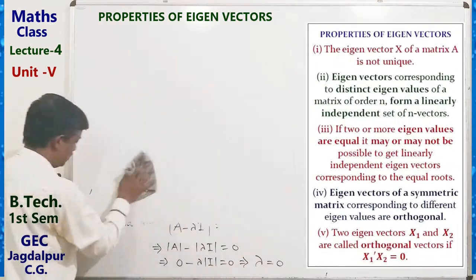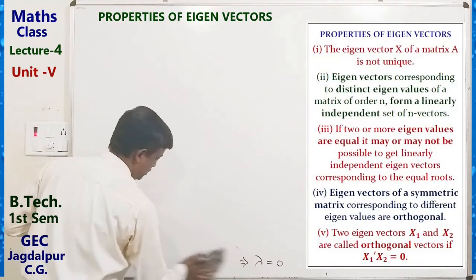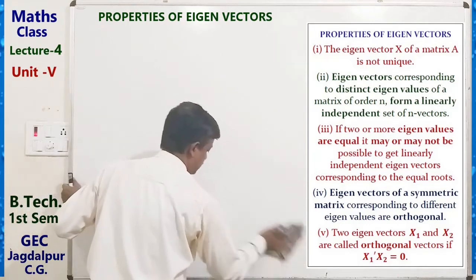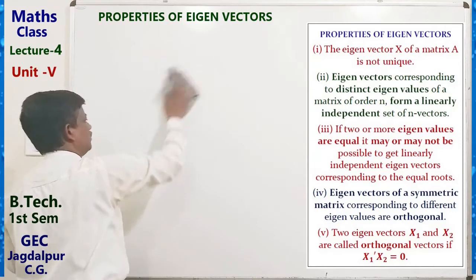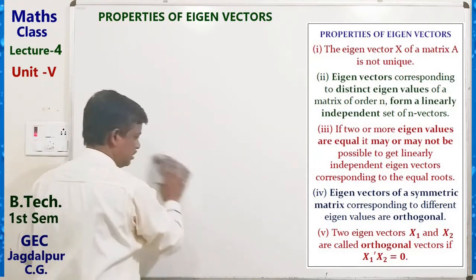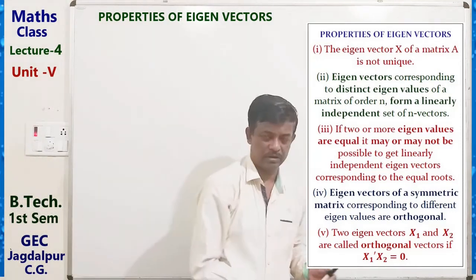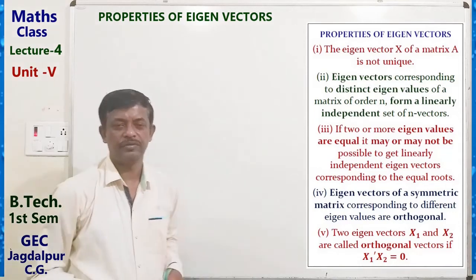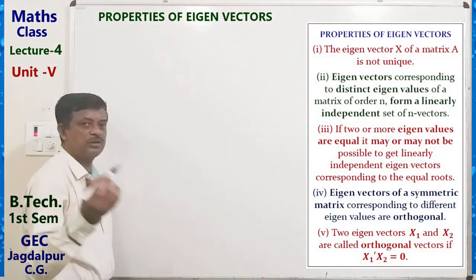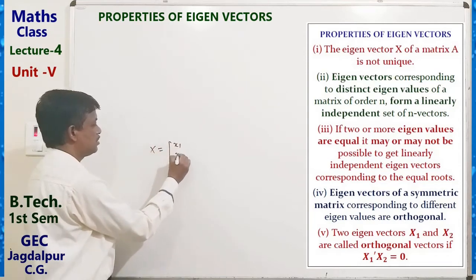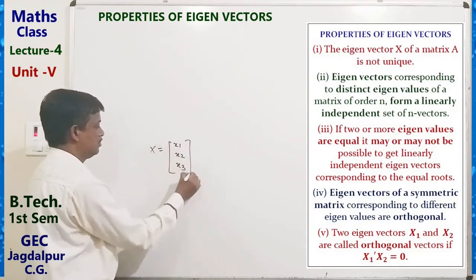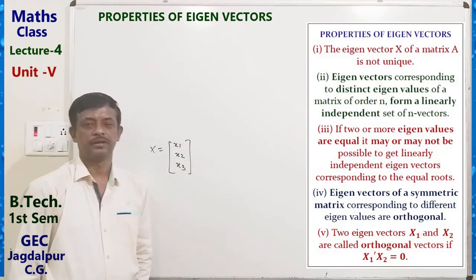Eigenvectors are either column vectors or row vectors. We generally write them as a column vector of components. If a vector has components x1, x2, x3, then we write the vector like this: x1, x2, x3. Clear?